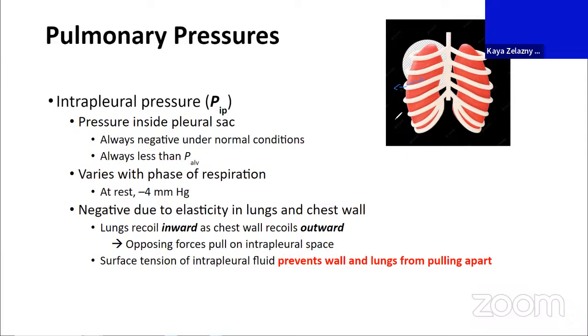That's what's creating that negative pressure in that space. And that's why we needed some intrapleural fluid in there. It's not just water, but you can think of water, like water creates surface tension. We're basically using that intrapleural fluid as a kind of glue so that the lungs follow along with our ribs, along with the chest wall.